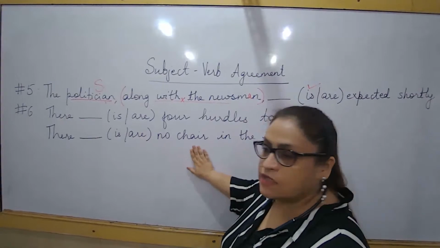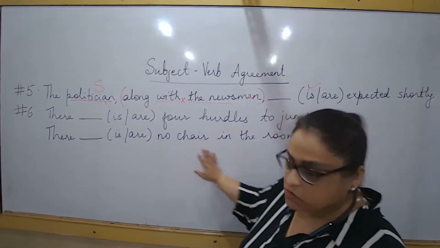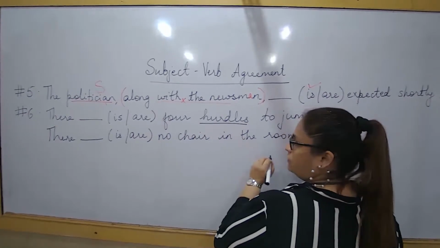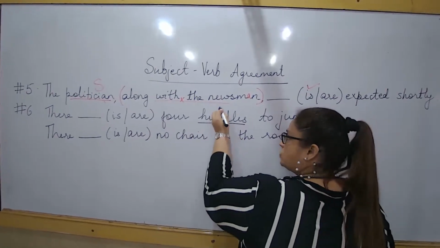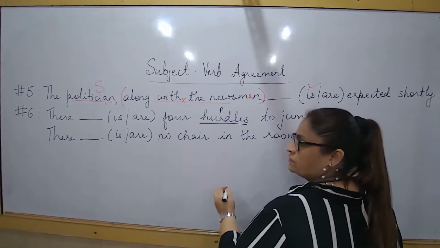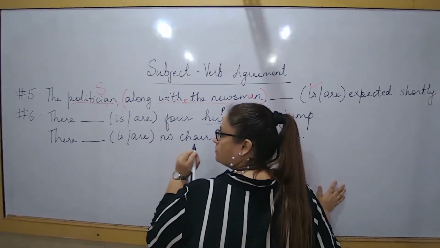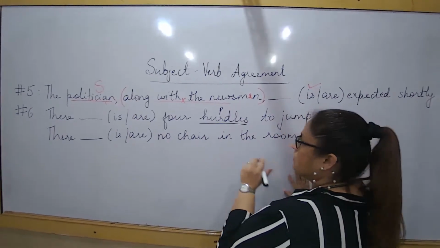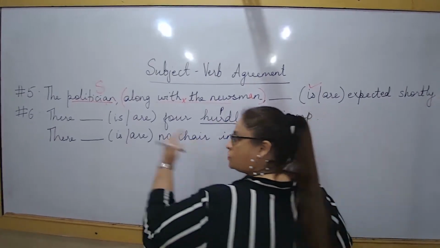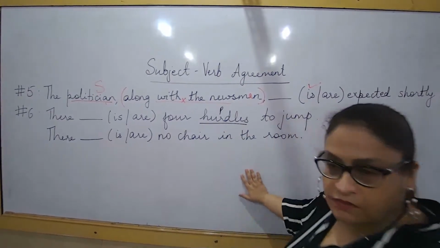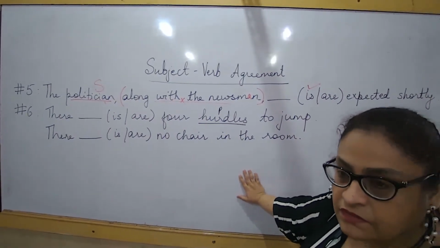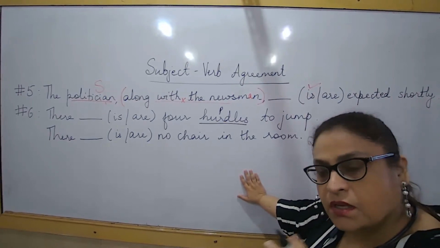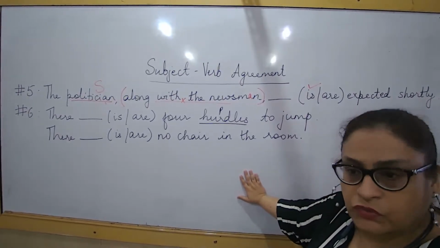So you first have to see the subject. So here what is the subject? Singular, plural? So your verb is going to be? Why? Subject is plural, so the verb will be plural. The plural subject follows the verb. When your subject is plural, your verb will also be plural.